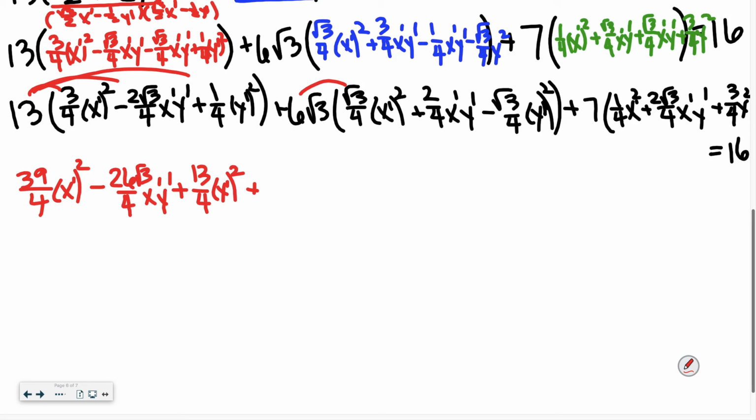plus 18/4 x prime squared plus 18 radical 3/4 x prime y prime. Nope, that's 12. That's a 12.